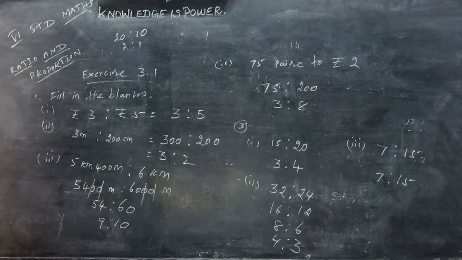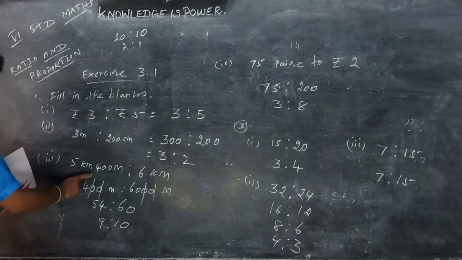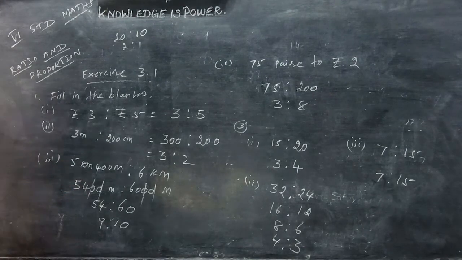What will we get there? Already we did that in one of the sums. Same order. Okay. Question number 4, 5 is to 3.